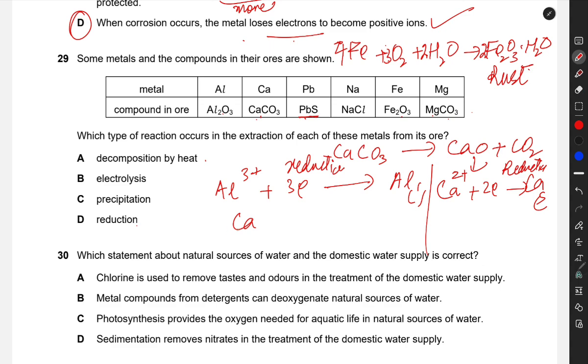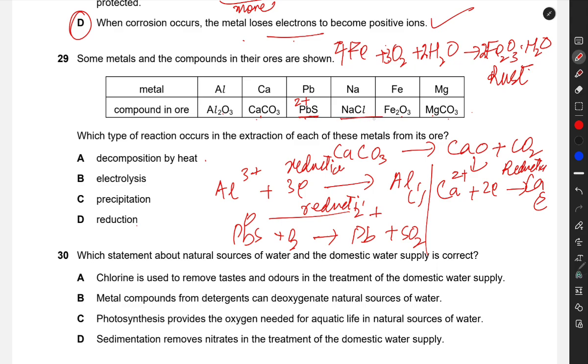When lead sulfide, 2PbS, is heated with oxygen, it gives Pb2+ and sulfur dioxide, so this is again reduction.